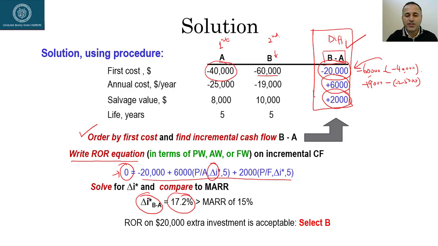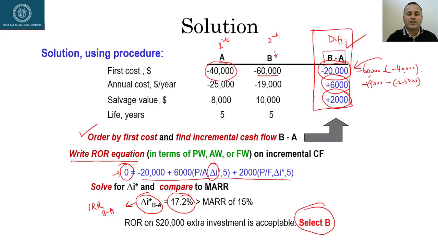By that definition, it is the IRR of B minus A, the IRR of the incremental cash flows. Since 17.2% is more than 15%, which is my MARR, the additional investment is justified. So B is selected.